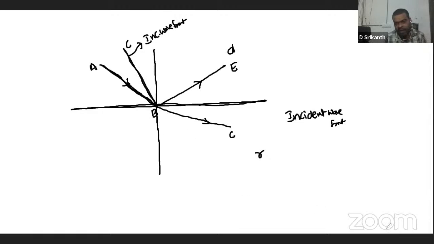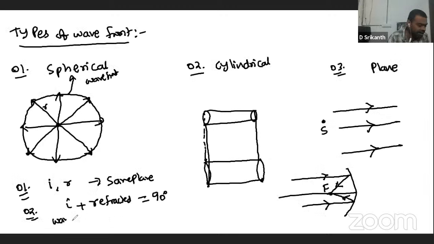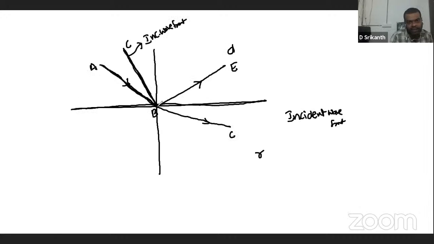According to the properties, the incident wavefront and refracted wavefront are perpendicular to each other, like this.